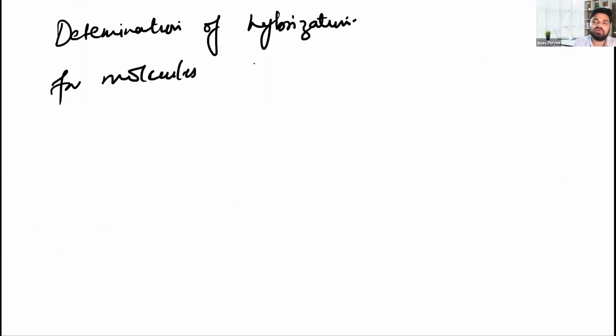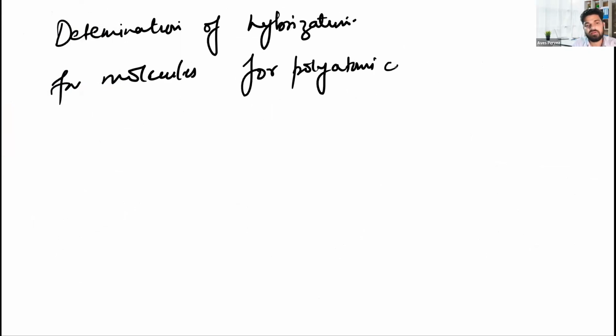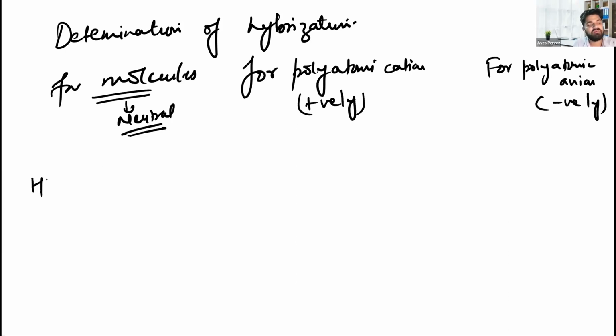For molecules, for polyatomic ions or cations, we are generally talking about cations, which are positively charged, and for polyatomic anions, which are negatively charged, and for neutral molecules, we need to calculate the number of hybridization.